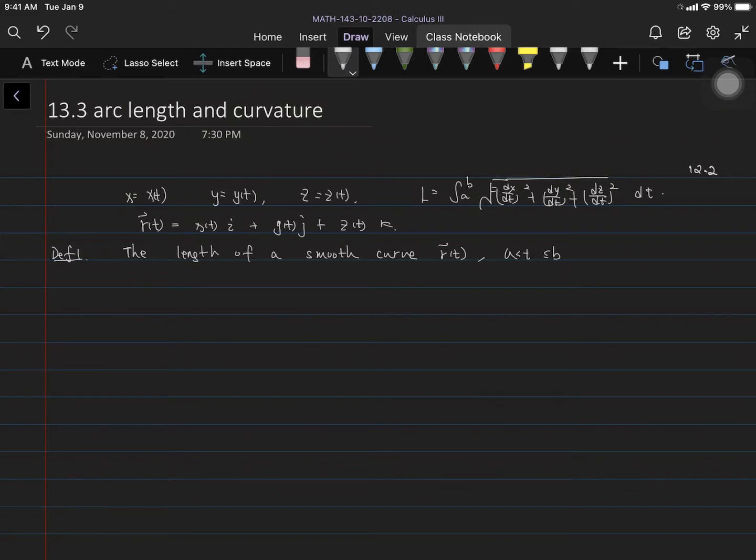This means the path, like for example a particle moving, when t goes from a to b, how long is that curve?